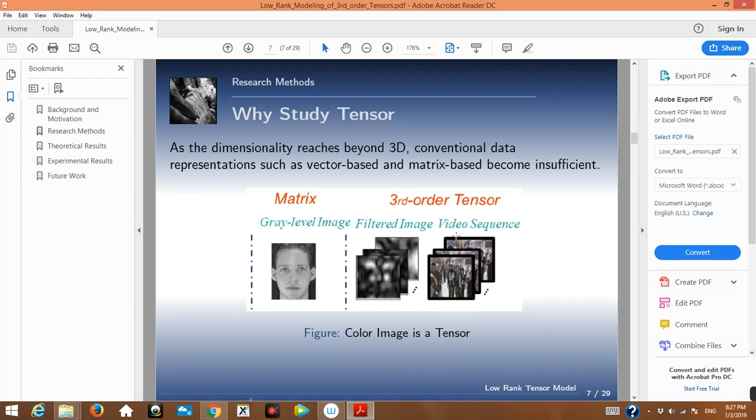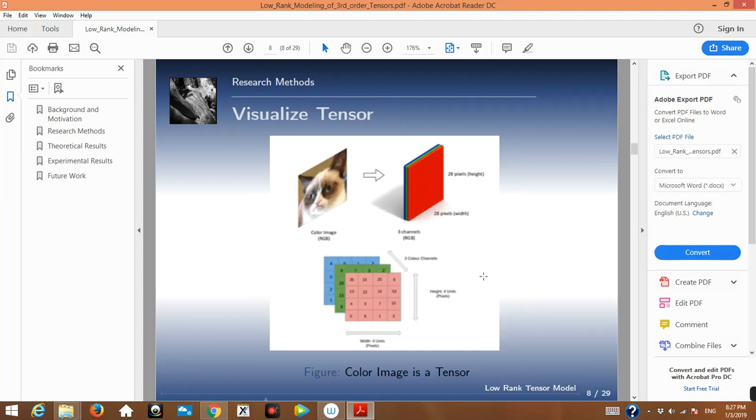So it's better to treat this video sequence as a three-dimensional matrix, which is a cube that is also called a tensor. For example, a color image has 3 channels, the RGB channels. That means this is a cube. This is not a matrix.